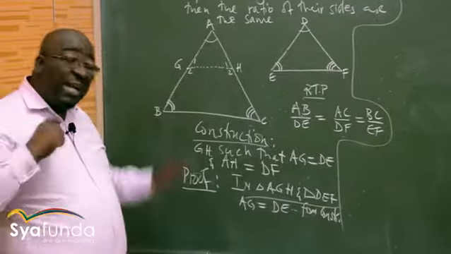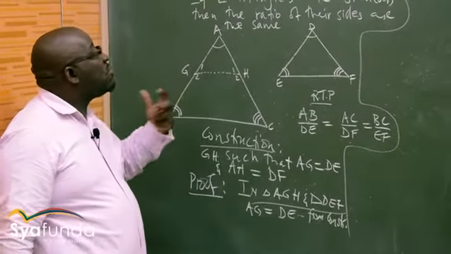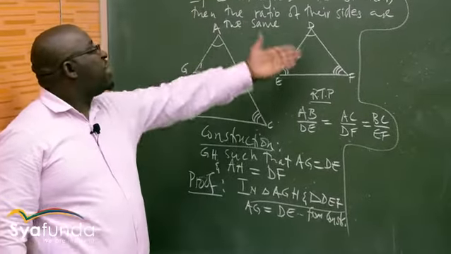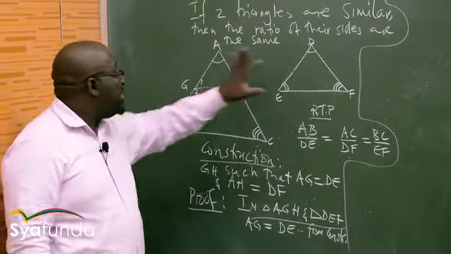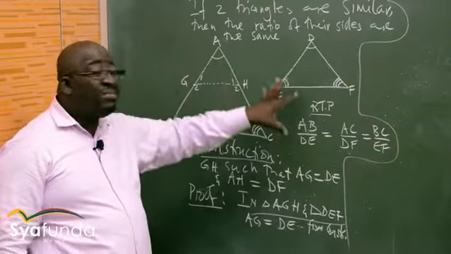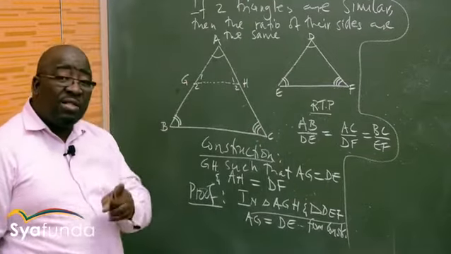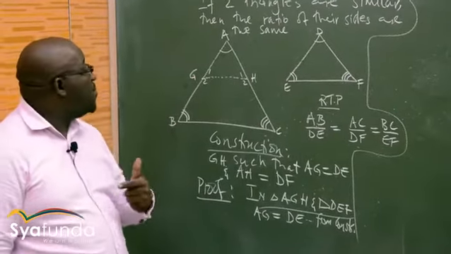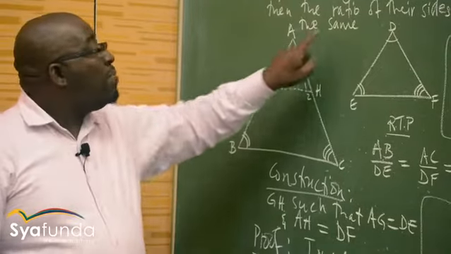All right, let's look at this diagram. You can see that we're given that these two triangles are similar, the small triangle and the big one. That means they are equiangular. In other words, their corresponding angles are the same. So this angle will be equal to that one.